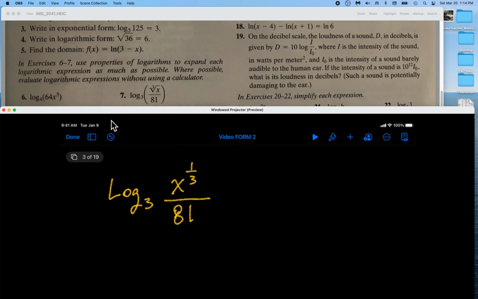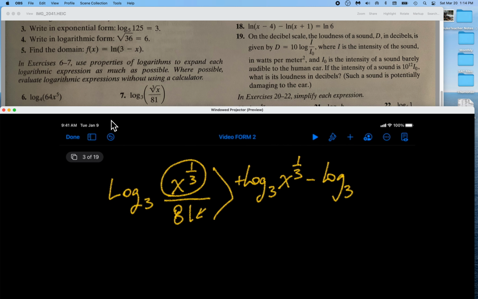We are allowed in this scenario to expand this, recognizing that the argument in the denominator is going to have a -1 coefficient out front. So this becomes log to the base 3 of x to the third. That has a positive in front of it because it's in the numerator, minus log base 3 of 81.